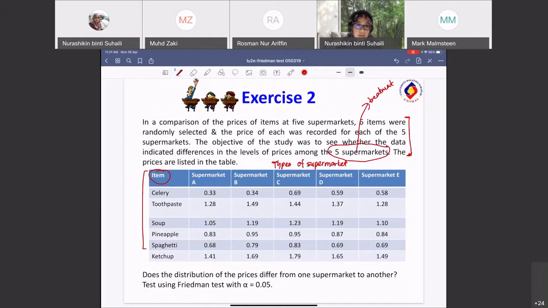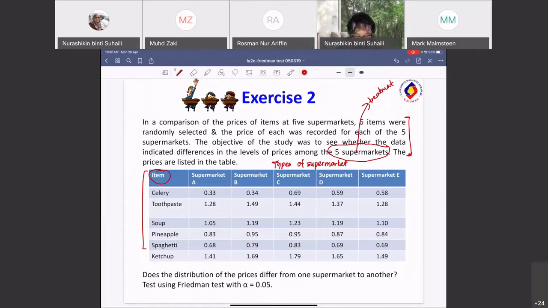The treatment is called the first factor because it is the main factor that we need to compare, and the rest, like block, is secondary. That is how you differentiate it. That's why I said it's very important to understand the problem. Read the problem carefully and understand what is the thing to be compared. That is the main emphasis, and from there you can decide.